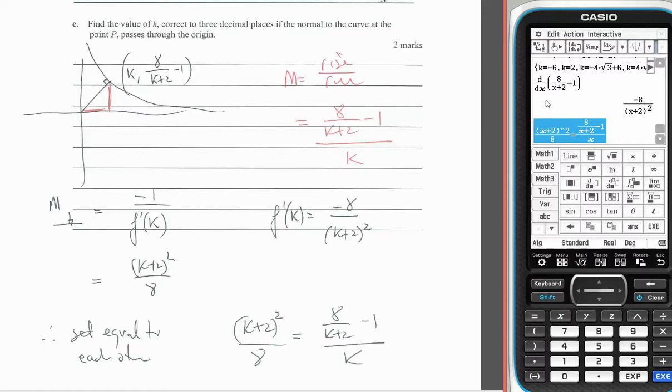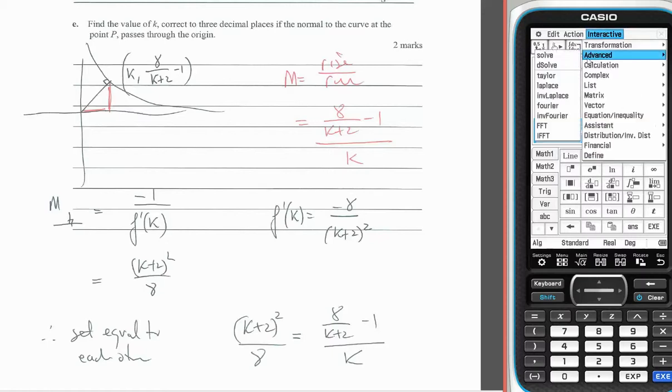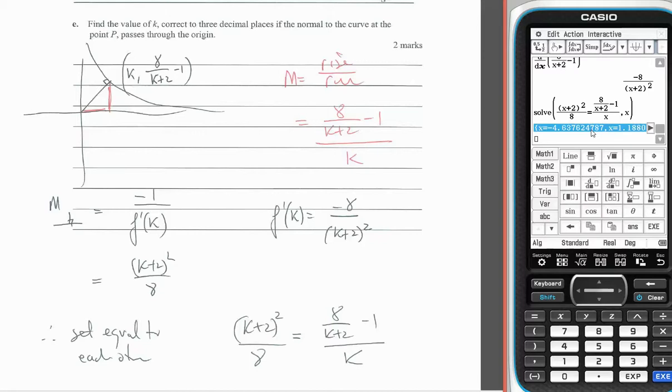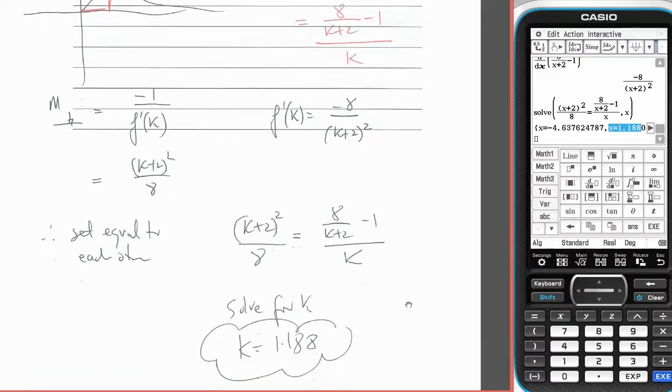I need to solve that for x. That gives me two answers, and the answer that I wish for k in this case is 1.188 because that gives k between 0 and 6.